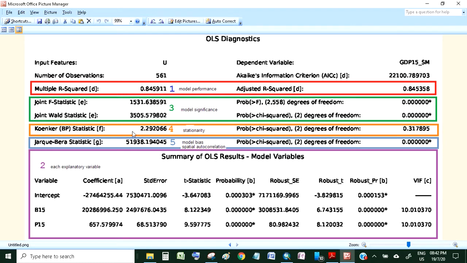And number four is the Koenker statistic. What are we using this statistic for? We are using this statistic to check the stationarity. How much is our data stationary? What does it mean? Suppose we are working on some data, there may be minimum value data, middle value data, and maximum value data.